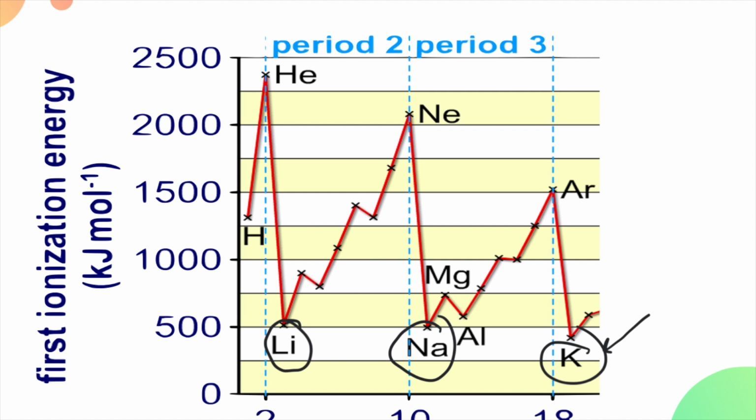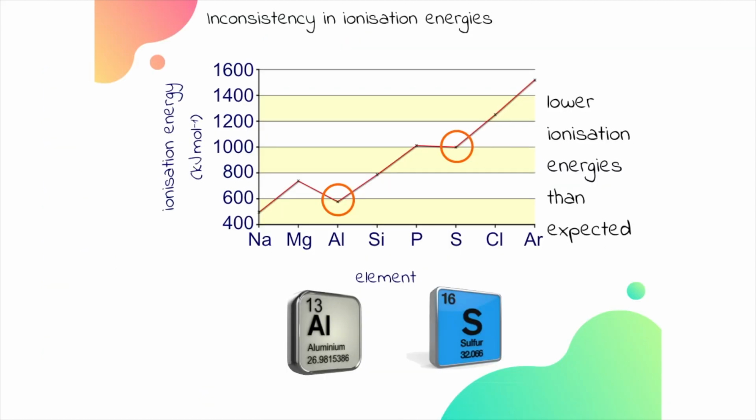If you compare any element on the left to that on the right, what would you notice? You would notice that the alkali metals, or group 1 elements, have the least ionization energy among all of the elements in their period.